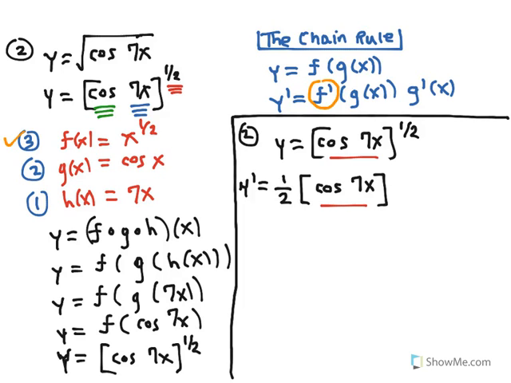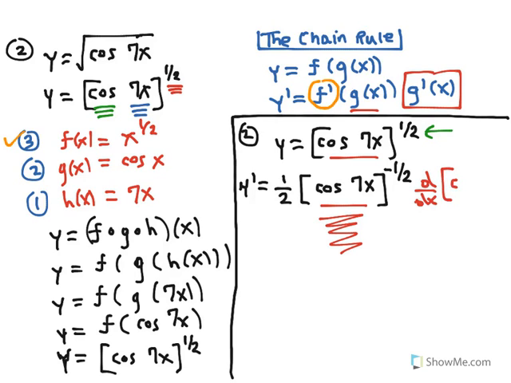And you subtract 1 from the exponent of 1/2. 1/2 minus 1 is negative 1/2. Then the chain rule says you multiply by the derivative with respect to x of the inside function. So now we have the derivative with respect to x of cosine of 7x, which is a composition of two functions.